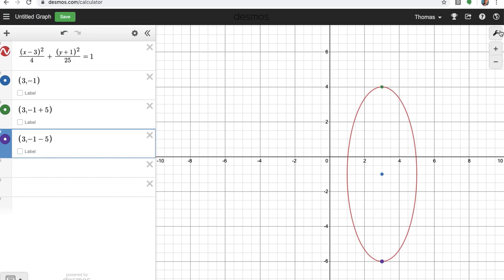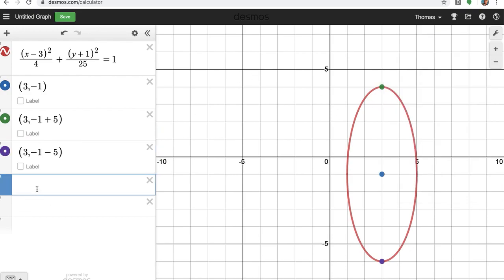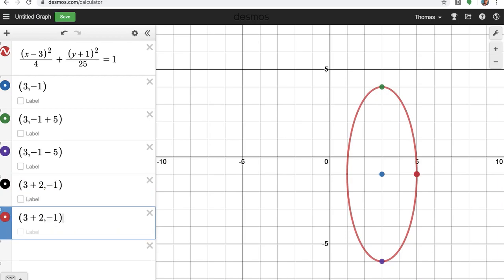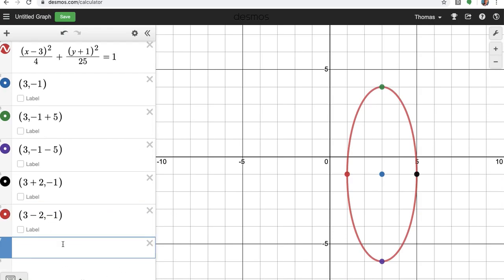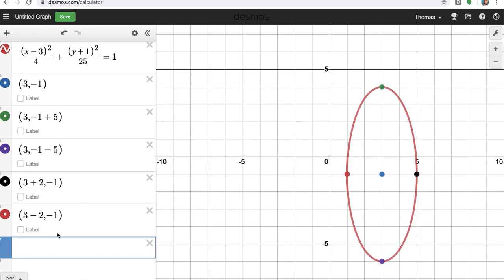Those are our vertical vertices. We're going to have our horizontal vertices. And then we have our foci.